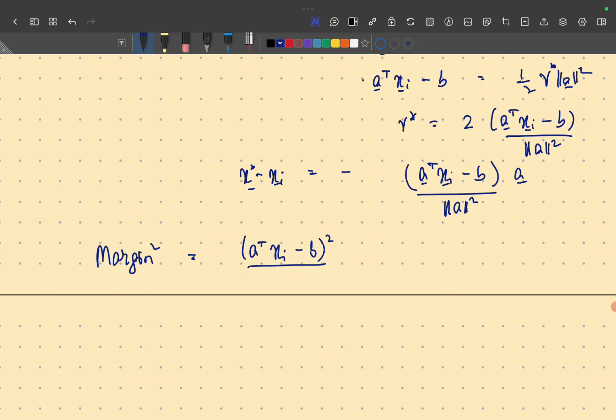So this is just this divided by norm A squared, or the margin is equal to mod of A transpose xi minus b divided by norm A.